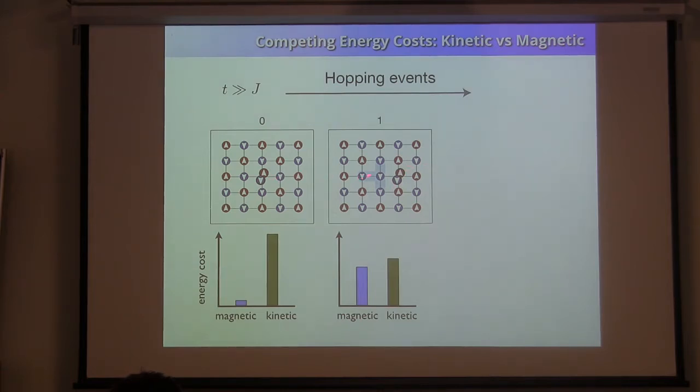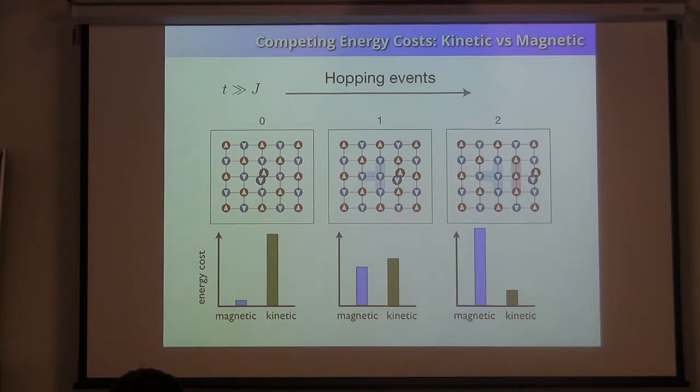But in contrast to the 1D case, it now leaves behind a string of flipped spins behind it. If it moves further, this cost even increases. The more it moves, the more flipped spins it leaves behind. That already shows you that this excess doublon cannot move freely through the lattice, cannot separate from the spinon part that we saw in the 1D case.